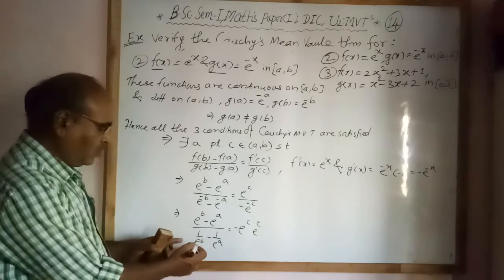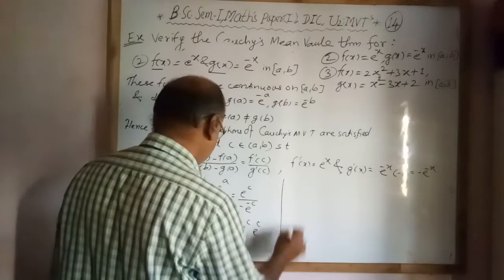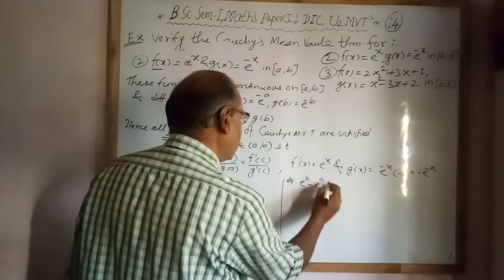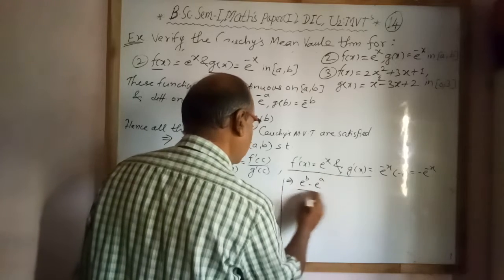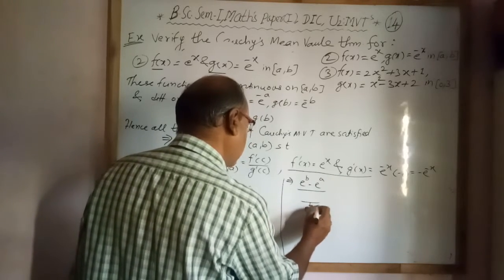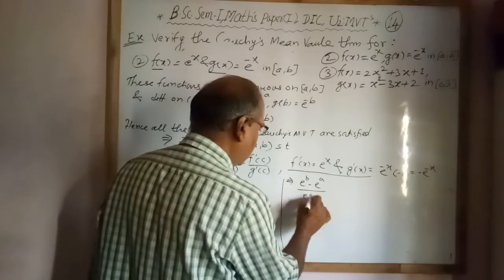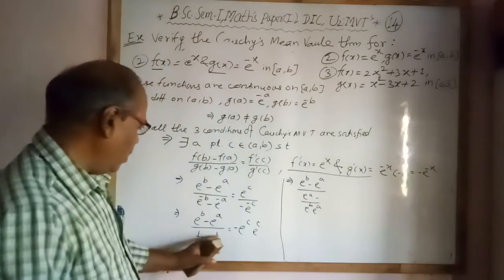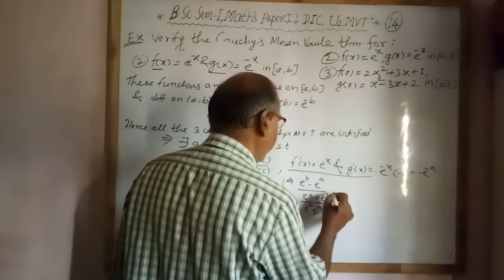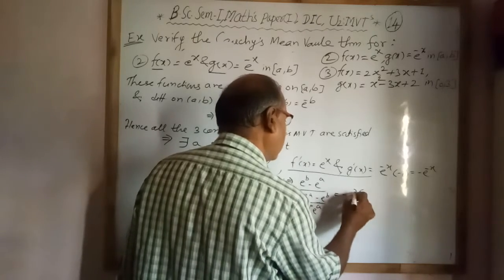Now here take the LCM as e to the power b into e to the power a. Therefore, e to the power b minus e to the power a divided by, here the LCM will be e to the power b into e to the power a. Then by cross multiplying, 1 into e to the power a minus 1 into e to the power b, equal to minus e to the power twice c.